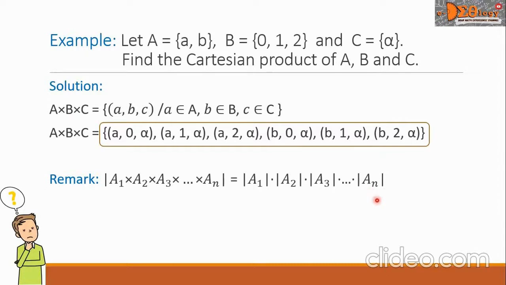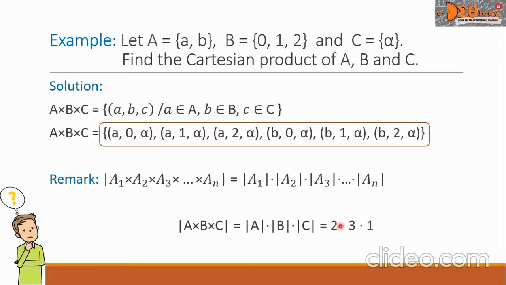Remember that cardinality means the number of elements in a set. In our example here, the cardinality of A × B × C equals the cardinality of A times the cardinality of B times the cardinality of C.